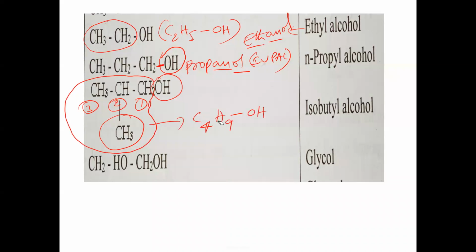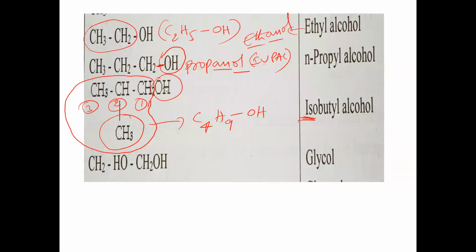In this butyl alcohol, see here, the first carbon, second carbon, third carbon in the parent chain. The second carbon is the last but one carbon, and the last but one carbon has one methyl branch. If one methyl branch is present on the last but one carbon, we use iso. That's why this butyl group is named isobutyl.